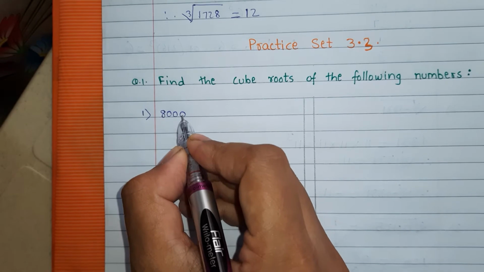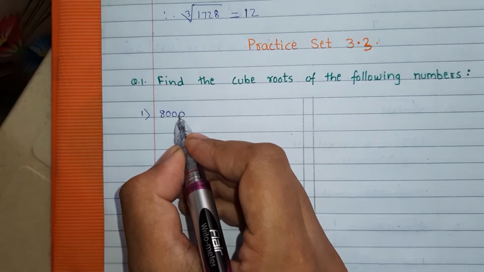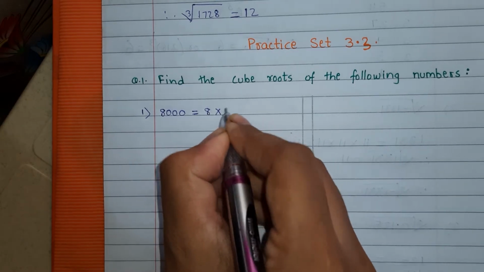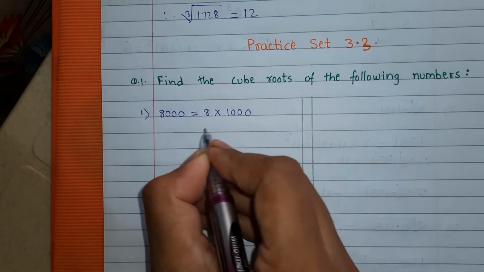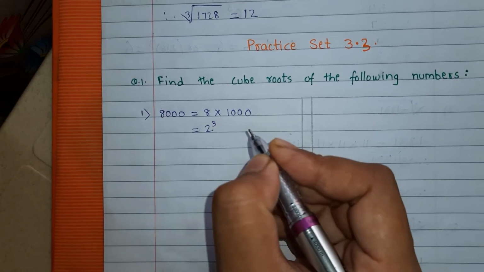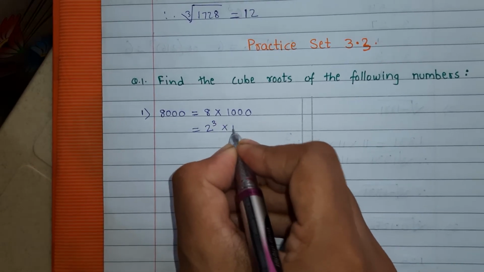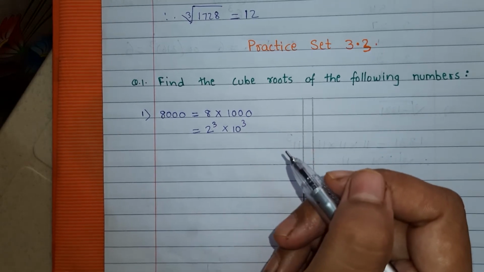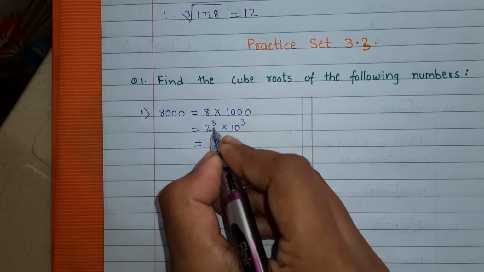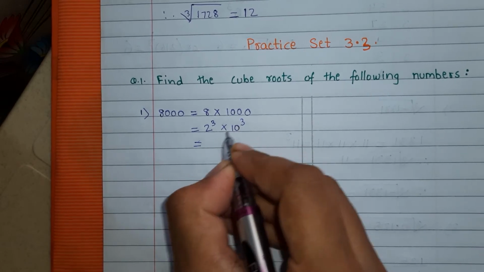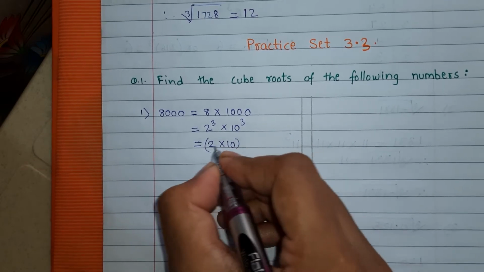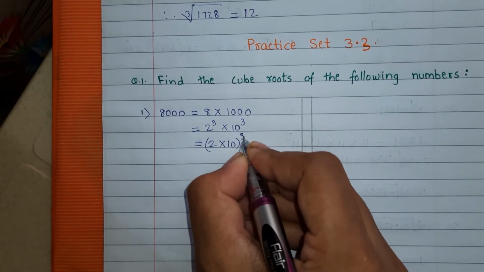Now 8000 can be written as 8 into 1000. Now 8 is the cube of 2 and 1000 is the cube of 10. So now this is of the form a to the power m into b to the power m. So we can write it as 2 into 10, whole power 3.